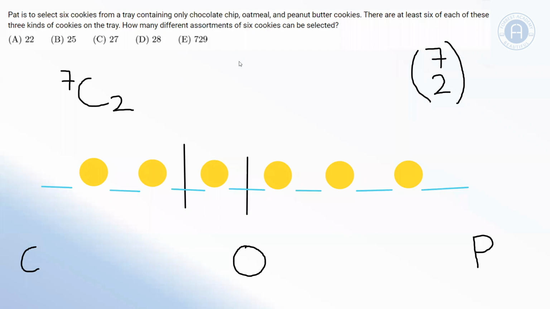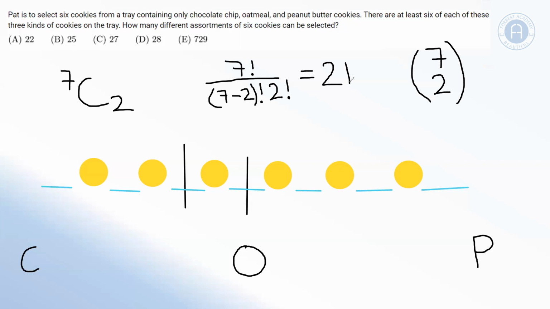The way you'd do that would be 7 factorial divided by 7 minus 2 factorial times 2 factorial. And that will give us the total number of ways to place 2 bars into 7 slots. So if we work out 7 choose 2, we get the answer of 21.